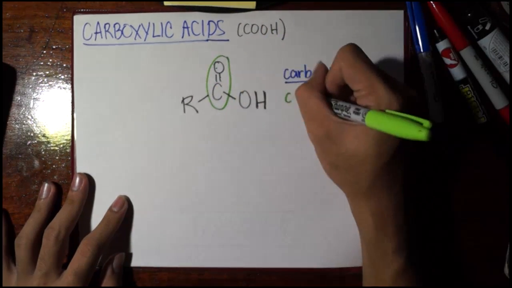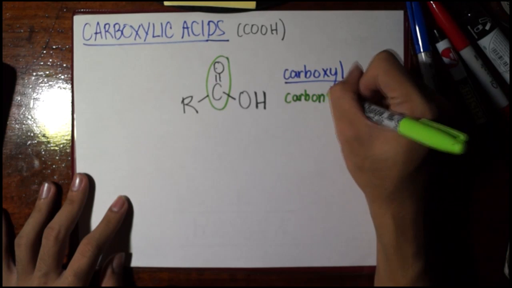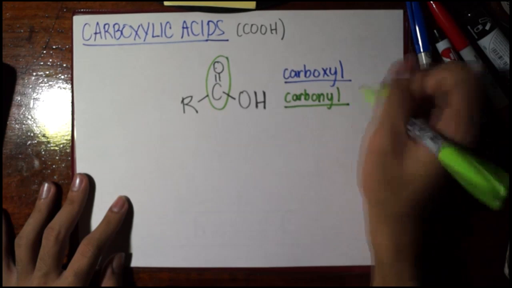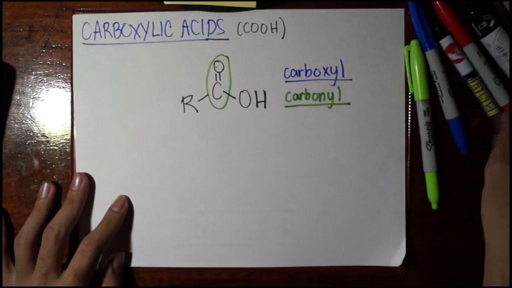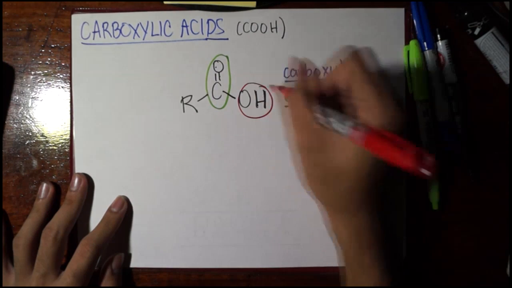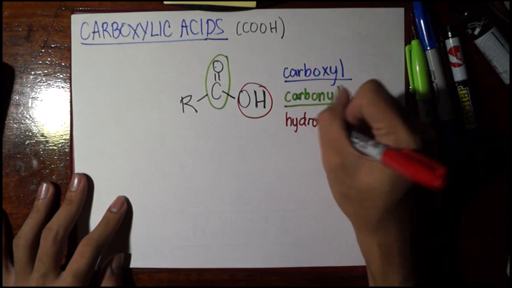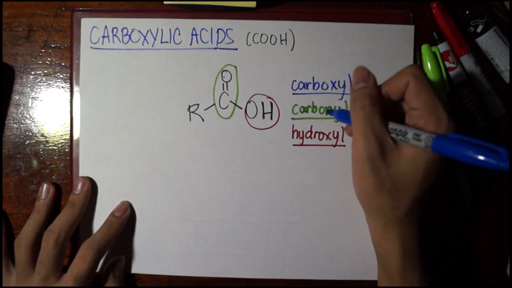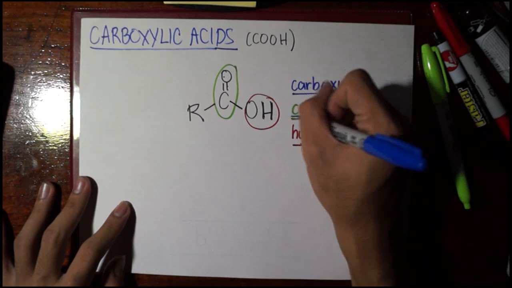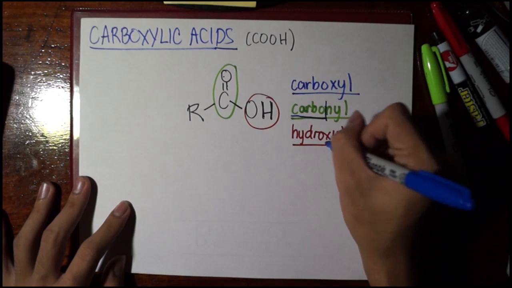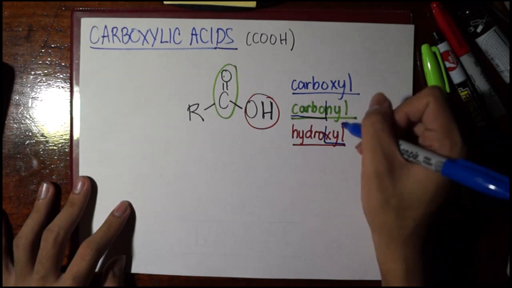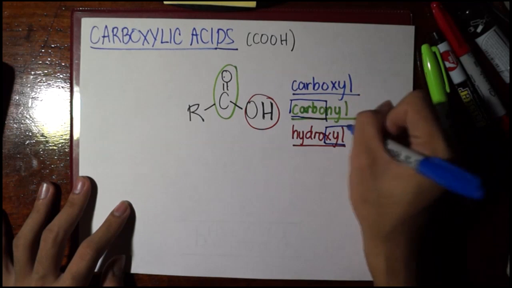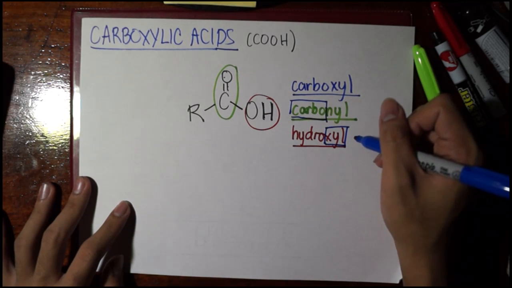This is from the ketones and aldehydes, right? The carbonyl group. And this one is the hydroxyl functional group. Now, well, maybe what if we combine the carbo of carbonyl and the xyl of hydroxyl in order to come up with the name carboxyl?